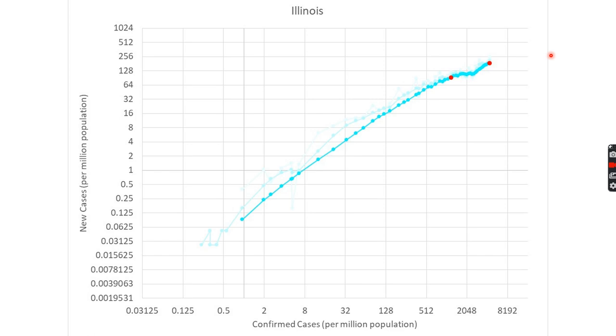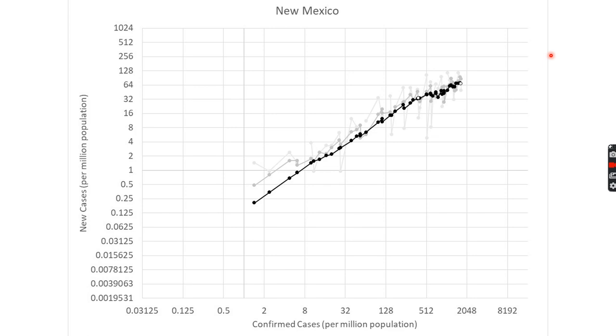All right, we have Illinois. You can see the difference in this chart versus those that I showed you on the good side. Virginia, New Mexico, all these states are just trending.